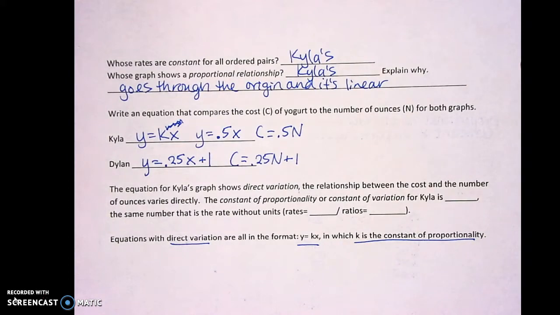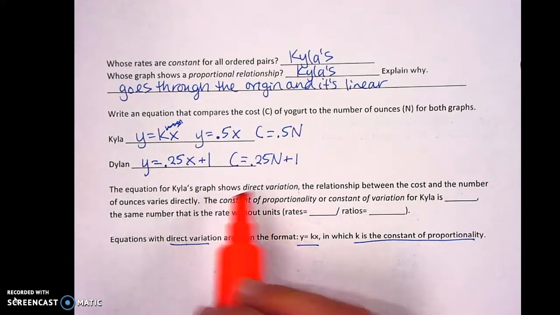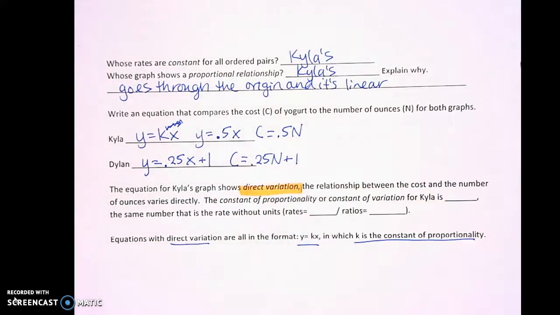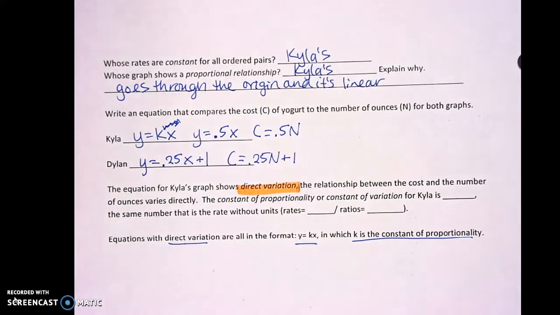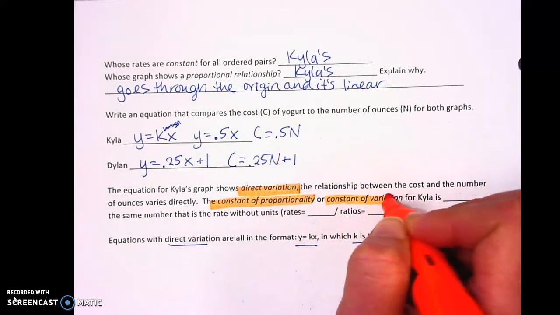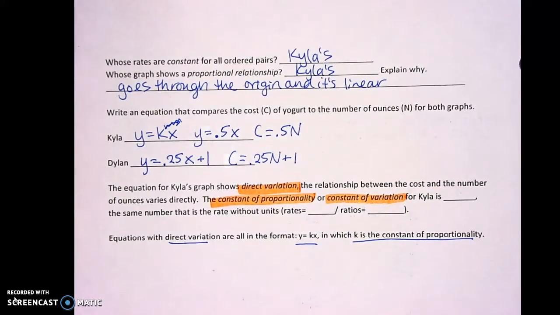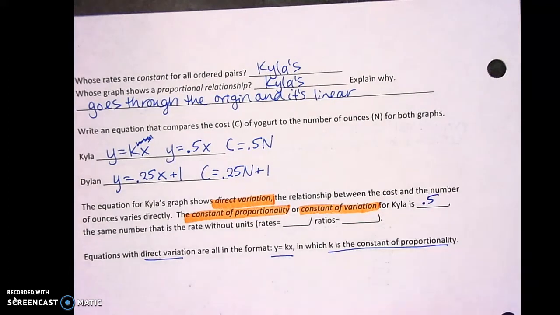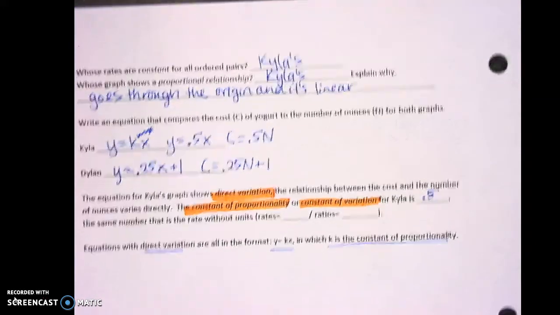To review some vocab. The equation for Kyla's graph shows direct variation. The relationship between the cost and the number of ounces varies directly. The constant of proportionality, or another vocab word, constant of variation, just to make it confusing, for Kyla is 0.5, meaning that she paid 50 cents per 1 ounce of frozen yogurt.